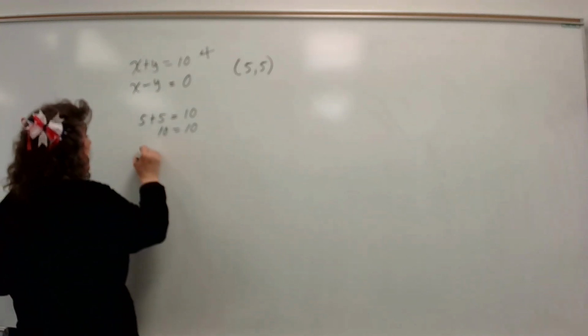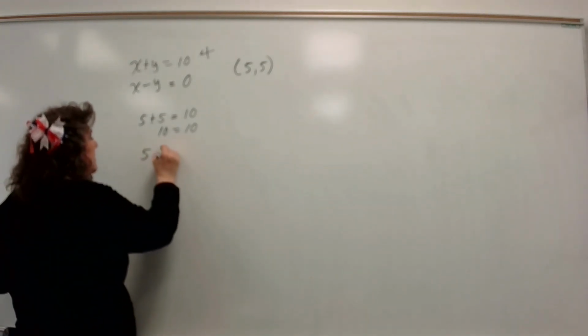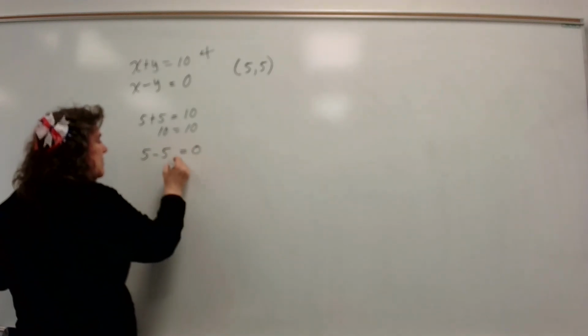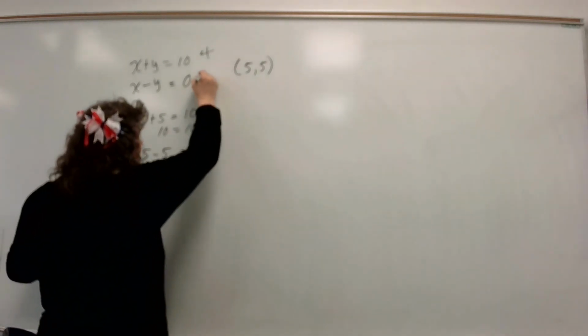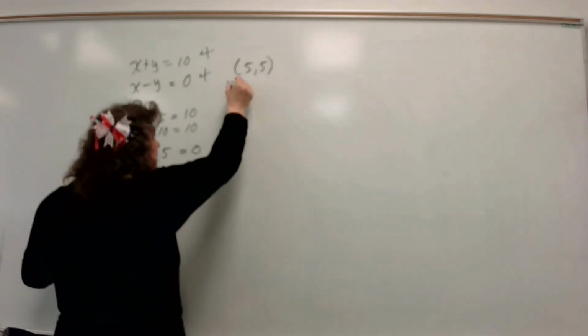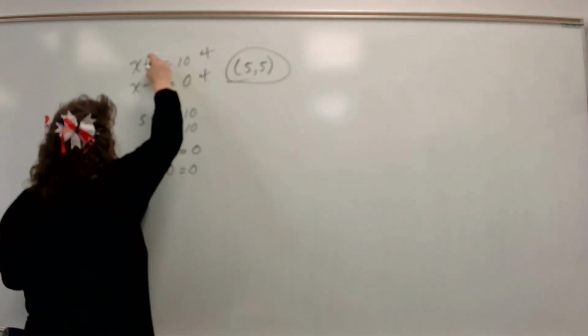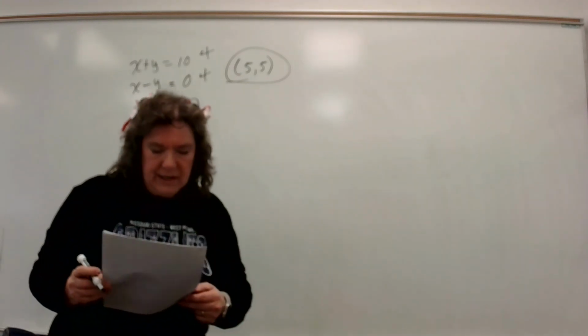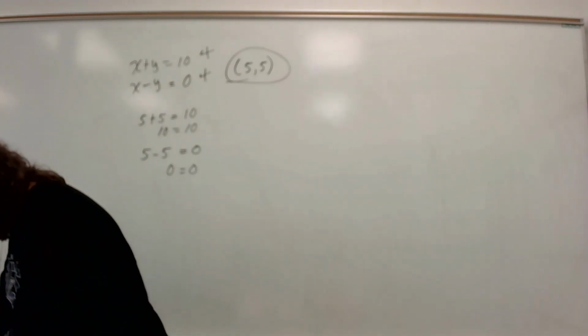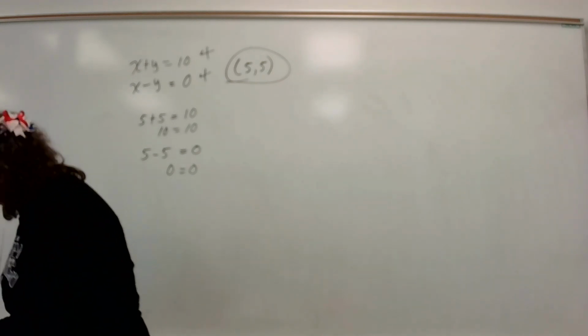But what about this one? 5 minus 5, does that equal 0? Yes, 0 equals 0. So yes, it is also a solution for this one. So this ordered pair is a solution for this system of equations. Okay? So that's what it is.